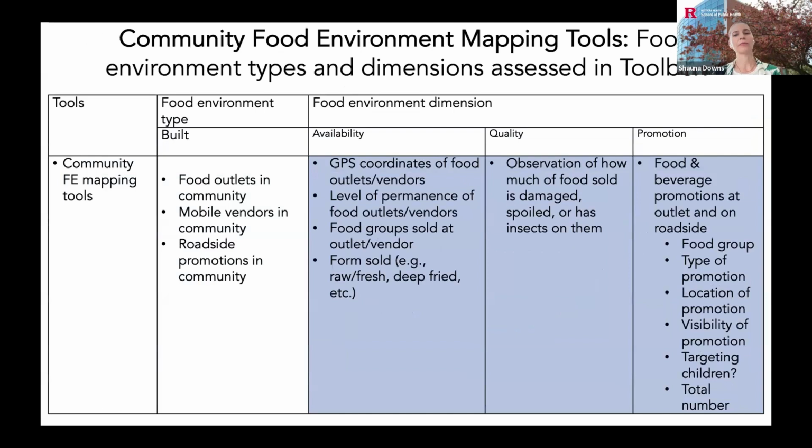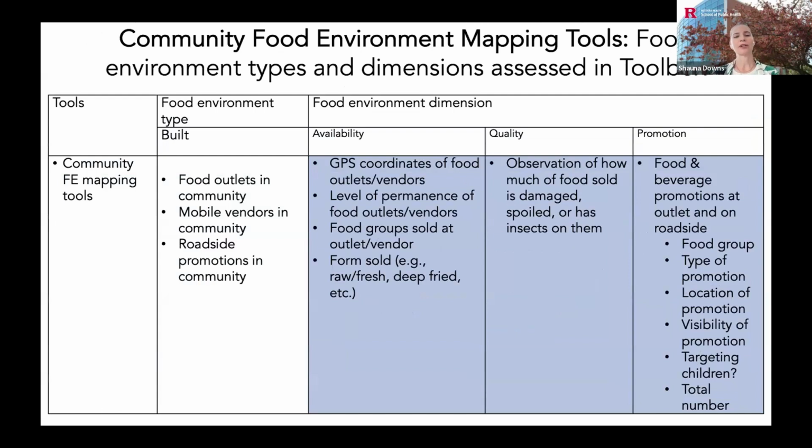So what do you get from the community food environment mapping? You get a sense of the food outlets in the community. So you're measuring the food outlets, and I'll go over the vendor types and food outlet types in the breakout session if you join that session, so you have more background information in terms of how we've set up the tool.